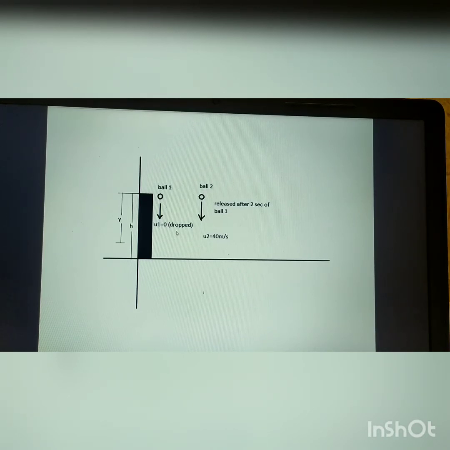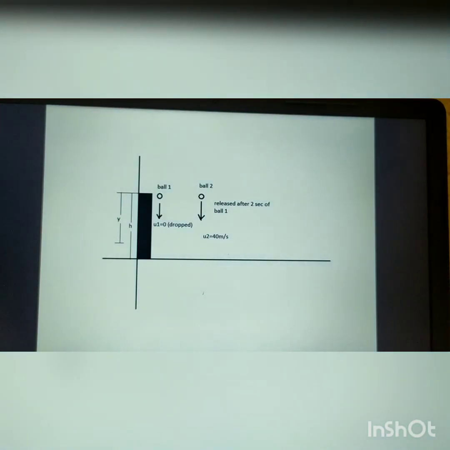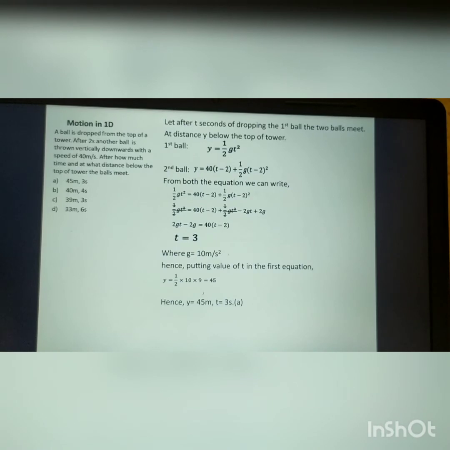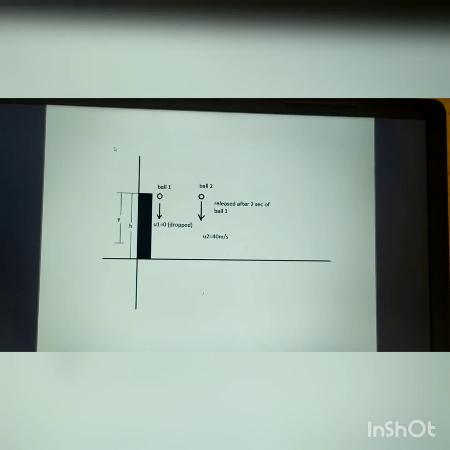u1 equals 0. For a dropped object, the initial speed is always 0, and ball 2 is released 2 seconds after the first ball. It's thrown vertically downwards with a speed, so the initial speed of ball 2 is u2 equals 40 meters per second.